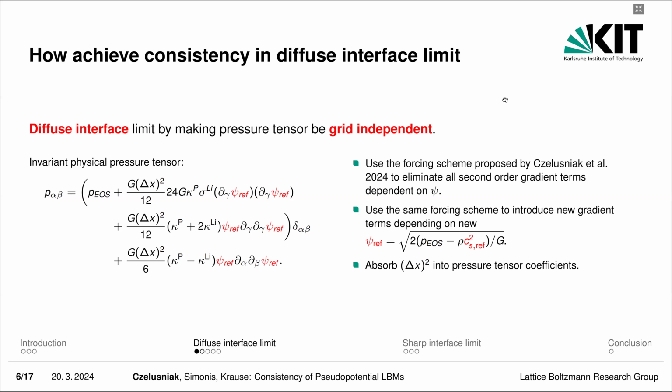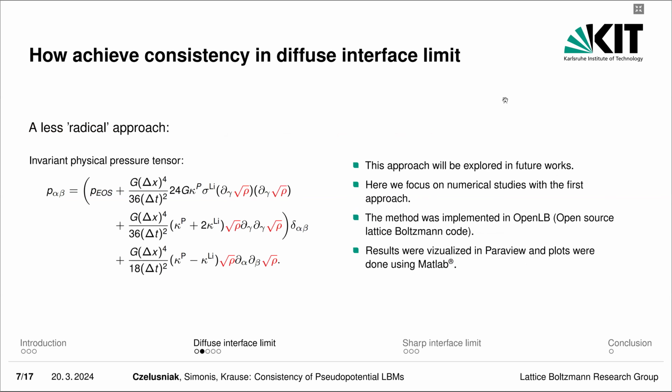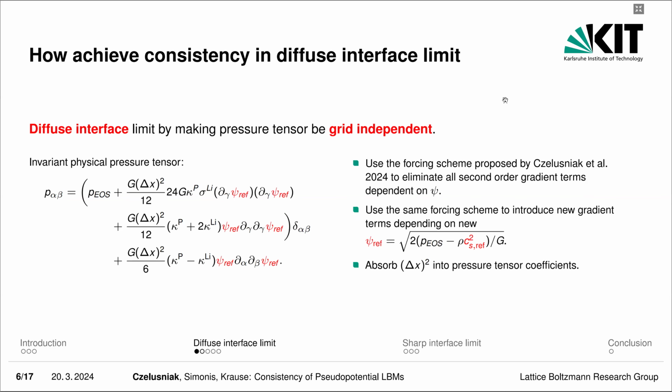And then I have to add more terms in the equation to have more flexibility to incorporate this delta x inside the coefficients and completely eliminate this dependence. Okay, so this approach seems a little bit drastic, like I have to perform several modifications, and it would be better to maintain the original formulation of the method.